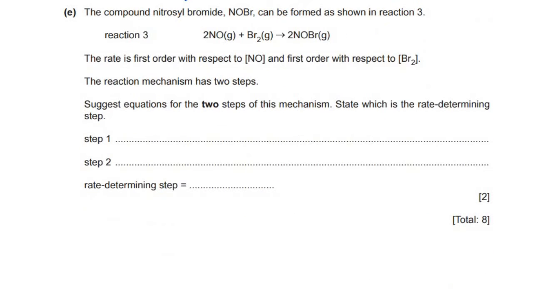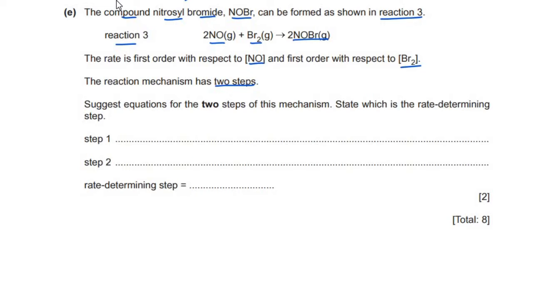Okay, next, the E part. The E part says the compound nitrosyl bromide, that is NOBr, can be formed as shown in reaction 3. Reaction 3 is given here, where nitrogen monoxide is reacting with bromine to form nitrosyl bromide. The rate is first order with respect to NO and first order with respect to bromine. The reaction mechanism has 2 steps.